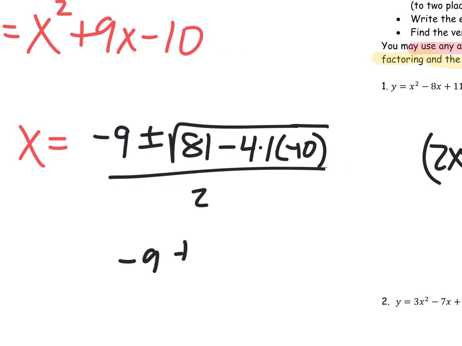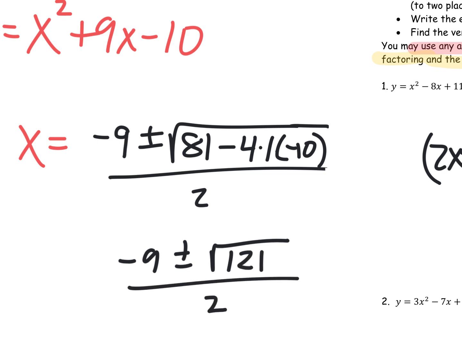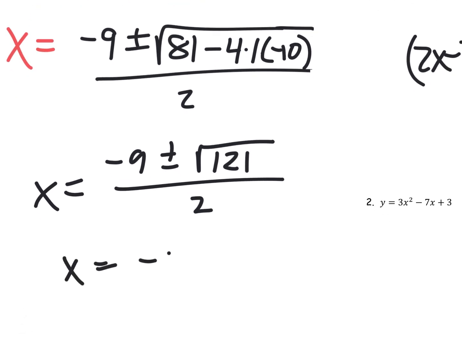Negative 9 plus or minus 81 plus another positive 40. Is that 121? Yep. Which equals 11. All over 2. And then it's negative 9 plus or minus 11 over 2.